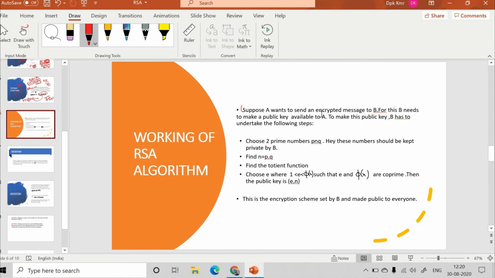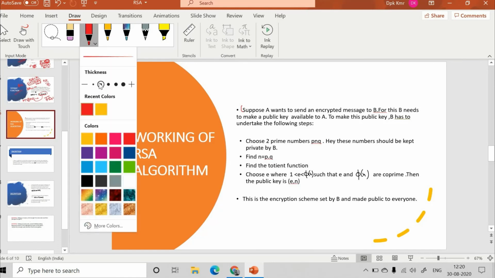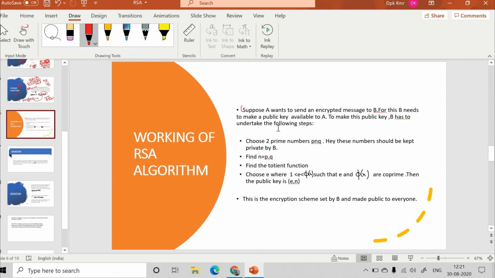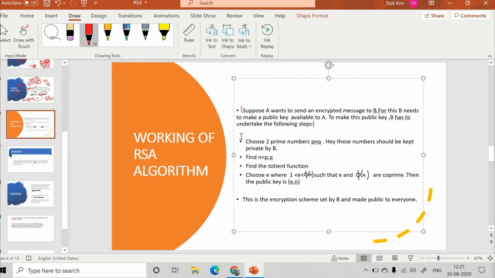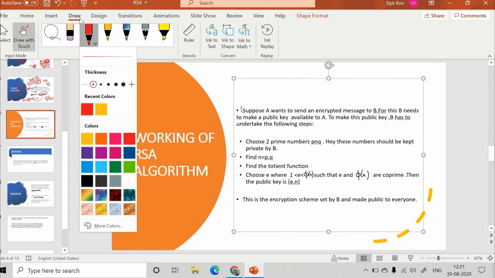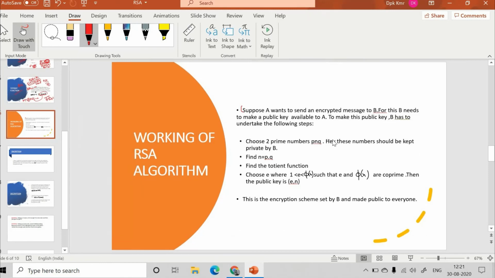Suppose A wants to send an encrypted message to B. For this, B needs to make a public key available to A. To make this public key, B has to undertake the following steps. The very first step we did: choose two prime numbers, P and Q. These numbers should be kept private by B, obviously.